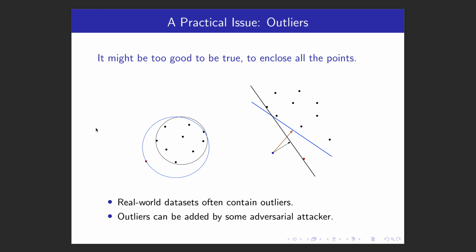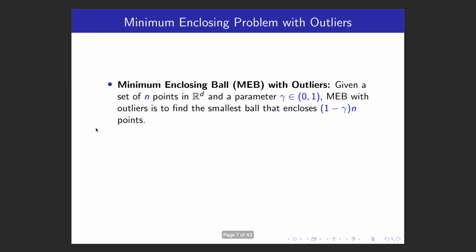So he may inject some special point into your training data to change your decision boundary, so that when you do testing, you may get some misclassification. So that's why we consider outliers for the minimum enclosing problem in this paper.